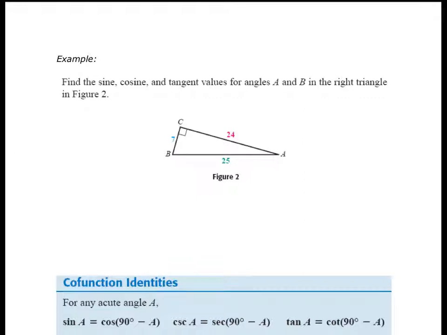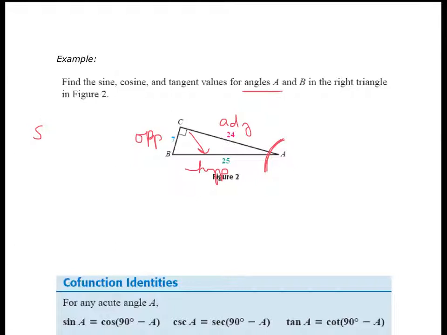So when it says to find the sine, cosine, and tangent values for A and B in the right triangle in figure 2, this is what we're going to talk about. So what I do is, let's look for sine of angle A. So I'm going to highlight A first, and I'm going to go, okay, this is the opposite side. This is the hypotenuse side. So that means that this is the adjacent. Remember, your hypotenuse is across from your right angle.